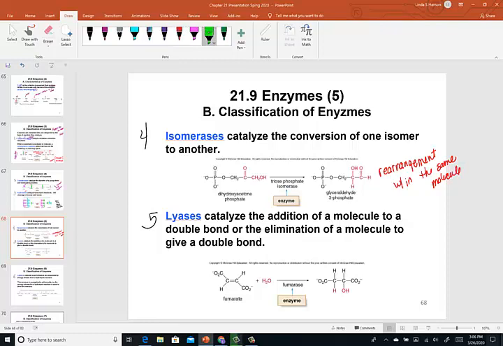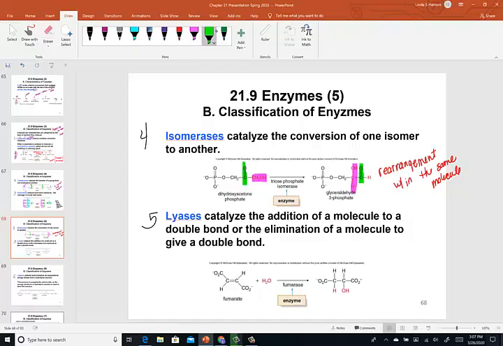So notice here, for example, we have an opportunity to see a C double bond O here, and then we have a CH2OH at the end of that molecule. What's changed from the left to the right side is really just the position where we find the CH2OH is now present here, and the C double bond O is now present there.